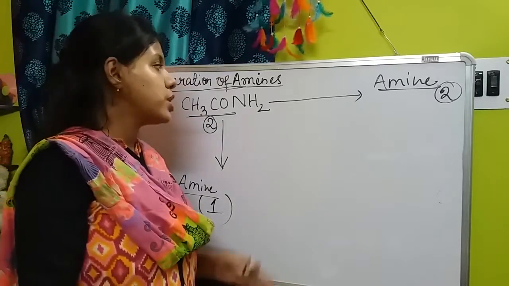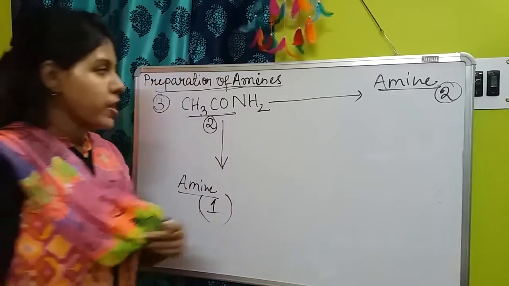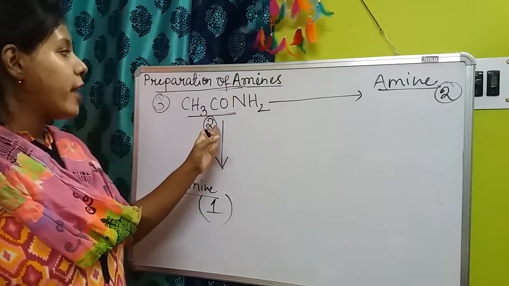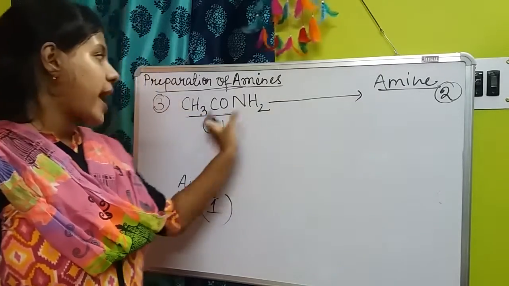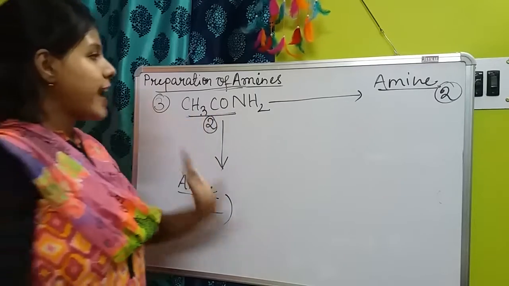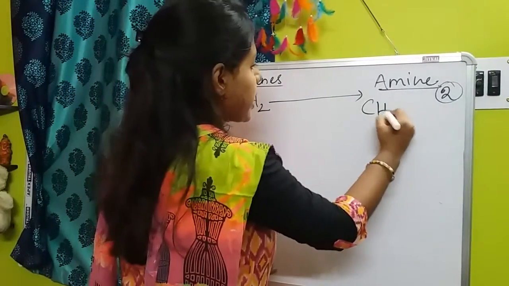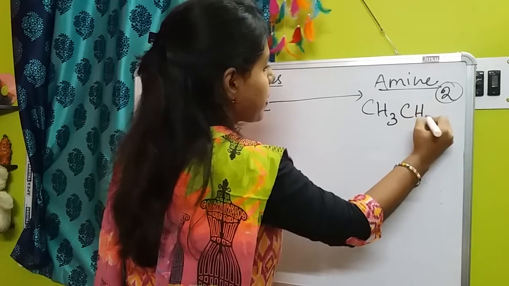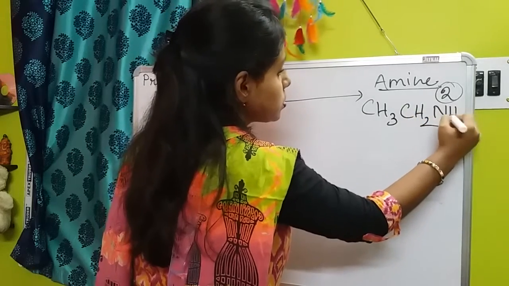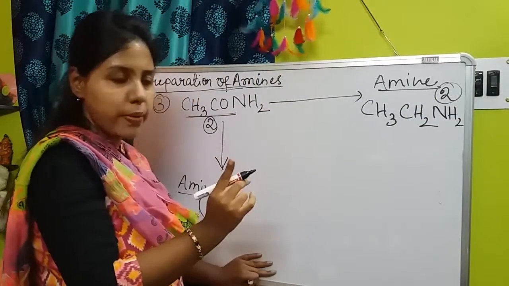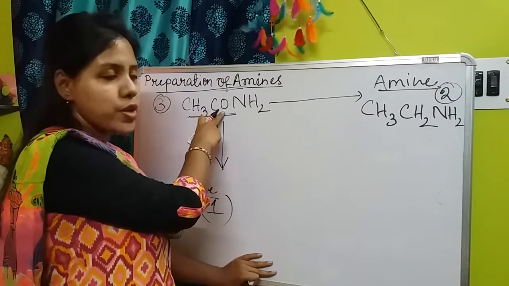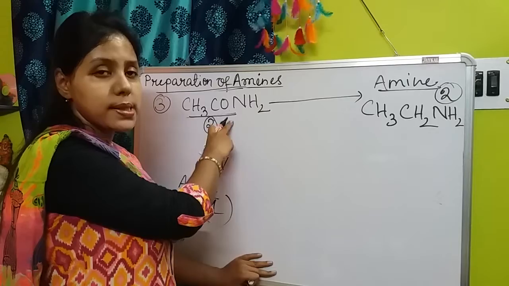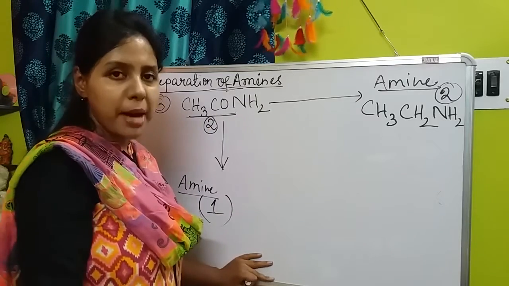So how could we prepare these 2? First, if we convert it into an amine having the same number of carbons, the product will look like this: CH3CH2NH2, right?